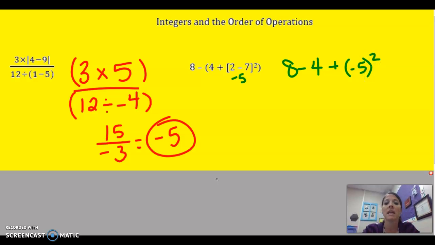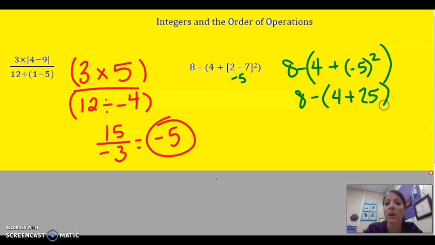My negative and the 4, that's all in parentheses there. So I need to do my negative 5 squared first. Negative 5 times negative 5 is a positive 25. So I'm going to have 8 minus, and then in parentheses, 4 plus 25. So now that becomes 8 minus 29, which would give me a negative 21.